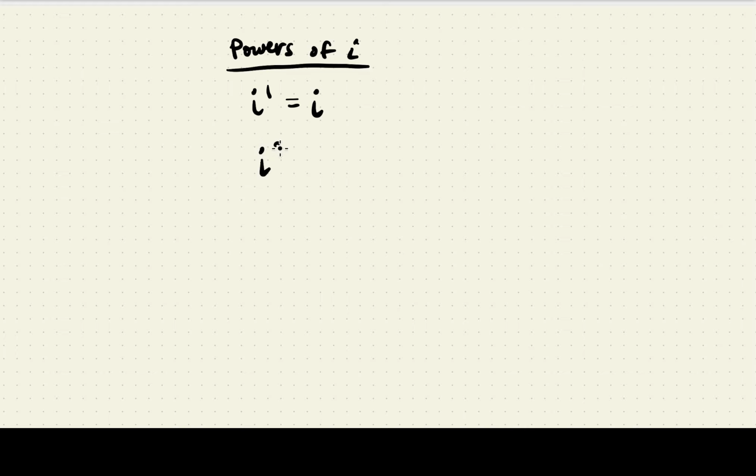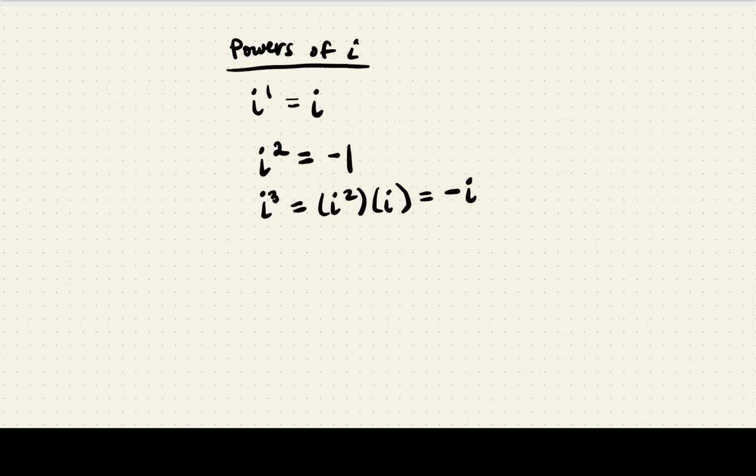If I take i to the second power, that's i times i, but really this is the definition of i. i squared is -1. That comes from how we defined the imaginary unit. i cubed, well, that's i squared times i. i squared, I can replace by -1.